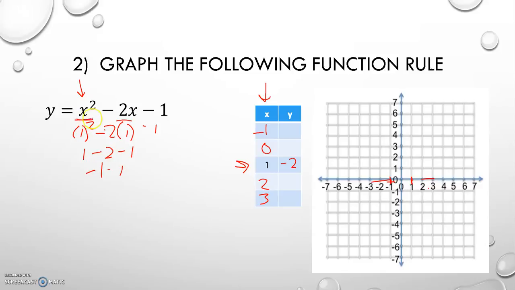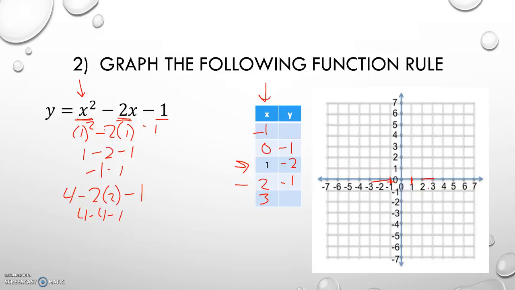So it's like we have a 0 minus 1, which is -1. At the same time, I'm going to plug in a positive 2 here. 2 squared is 4, minus 2 times 2, minus 1. Well, that's 4 minus 4 minus 1. 4 minus 4 is 0, and 0 minus 1 is -1.